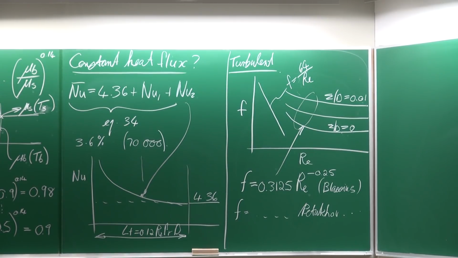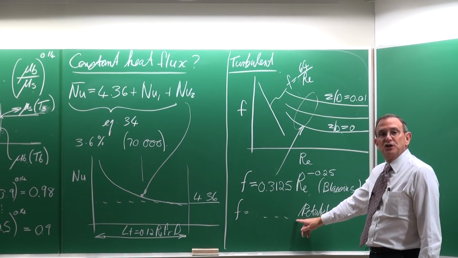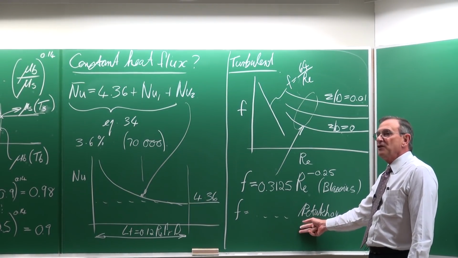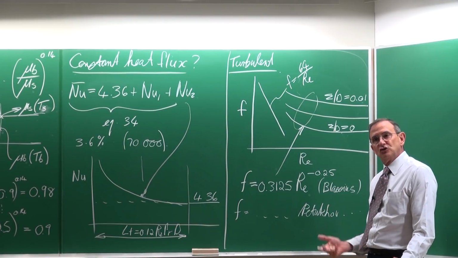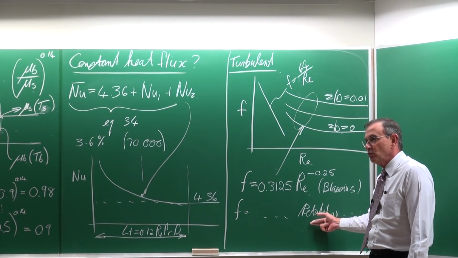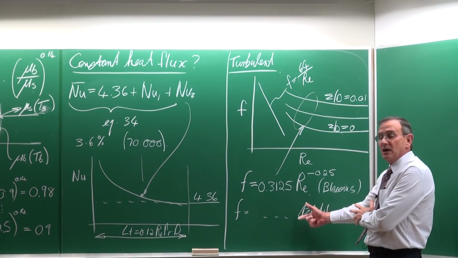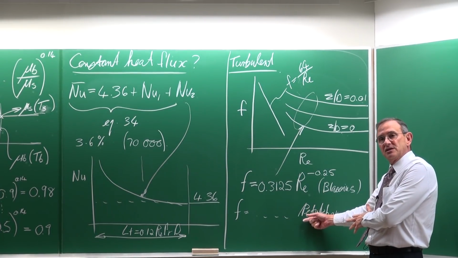What I would like to advise you is there's going to be quite a number of problems in the tests and exams where we're going to ask you to determine the friction factor. Why? Because you need the friction factor to determine the pressure drop and also the pumping power or the fan power required. You can use any one of the equations.